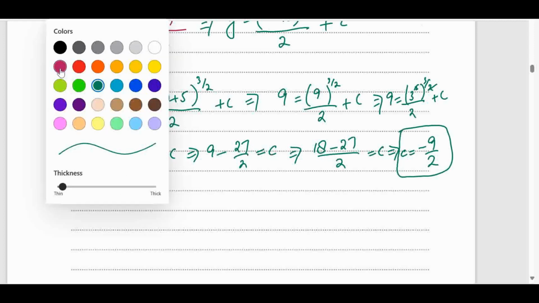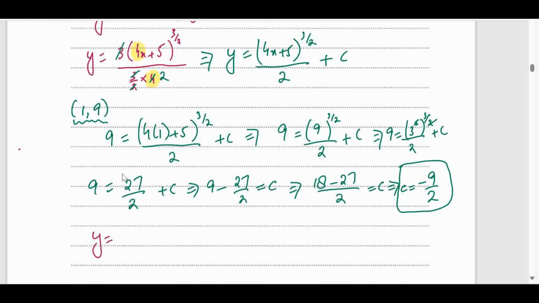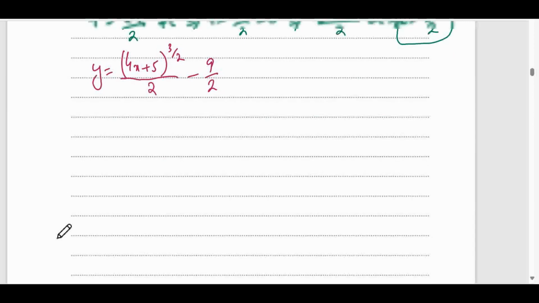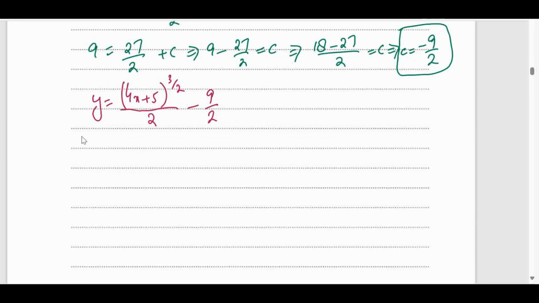Now the overall equation will become y equals 4x plus 5 whole power 3 by 2 divided by 2 minus 9 by 2. Okay, now the next point is 5 and a. The next coordinate is 5 comma a.